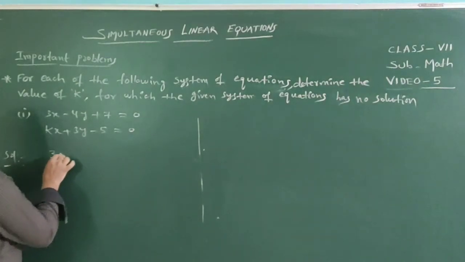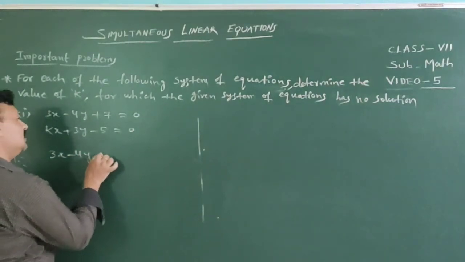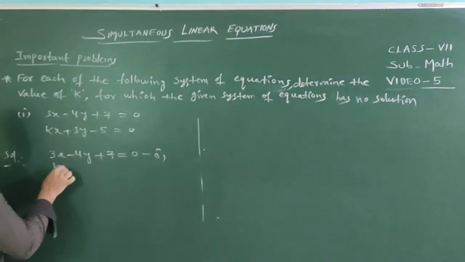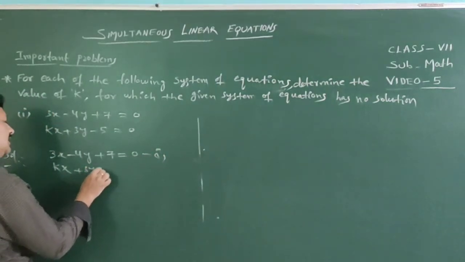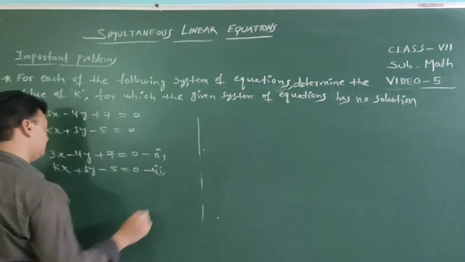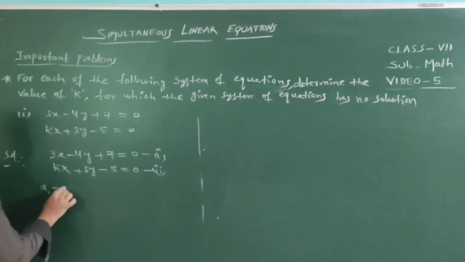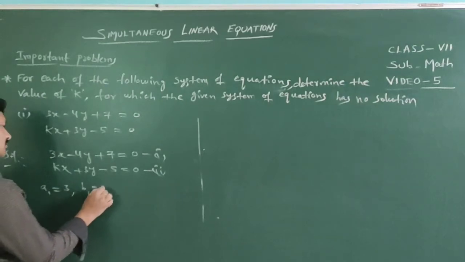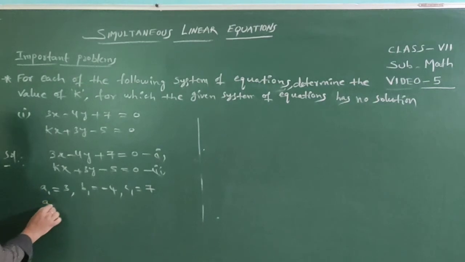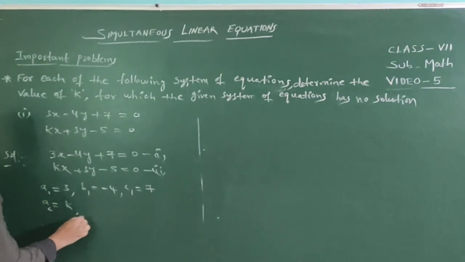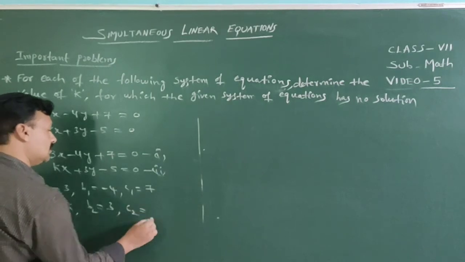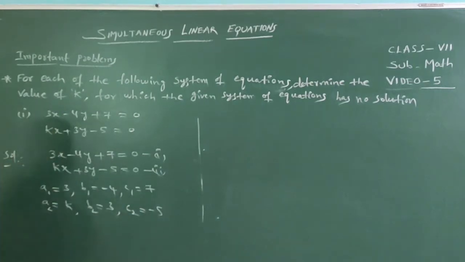So 3x minus 4y plus 7 equals 0 is the first equation, kx plus 3y minus 5 equals 0 is the second equation. a1 equals 3, b1 equals minus 4, c1 equals 7, a2 equals k, b2 equals 3, c2 equals minus 5.